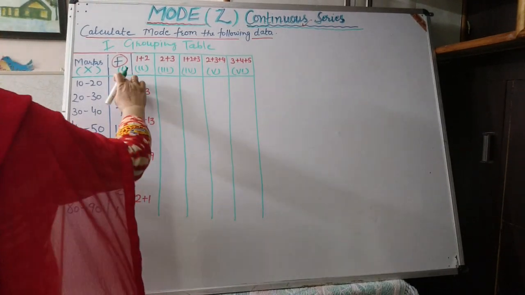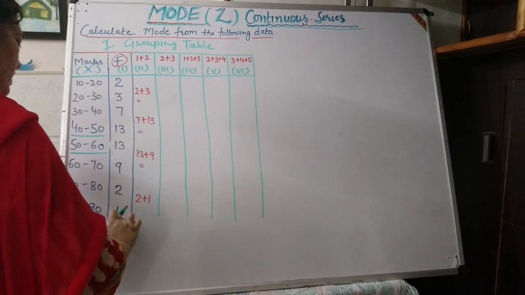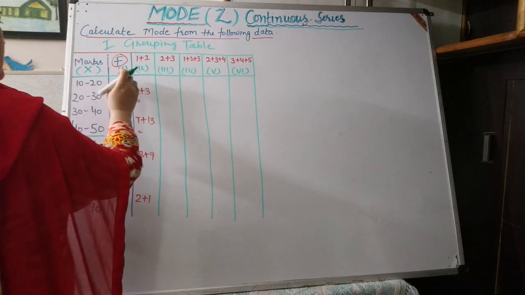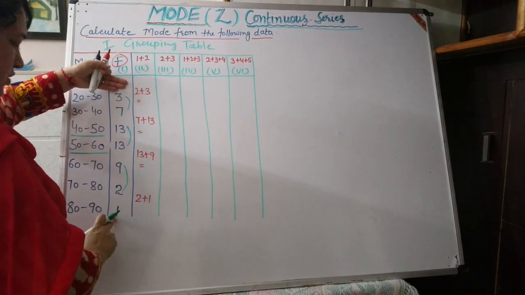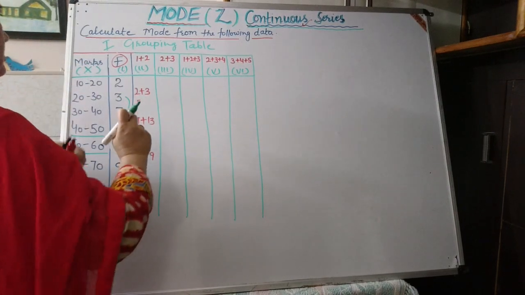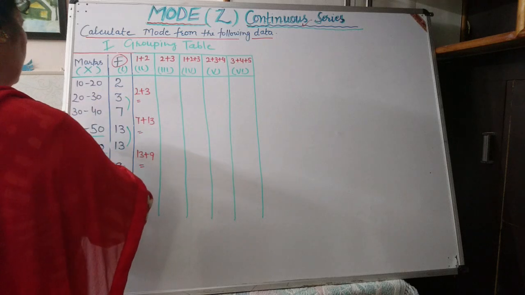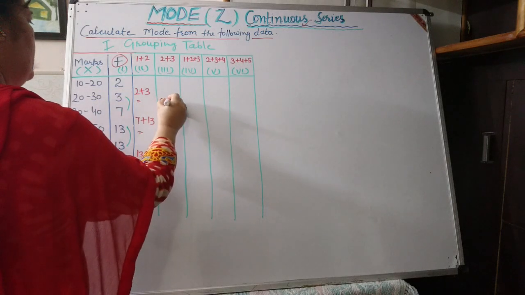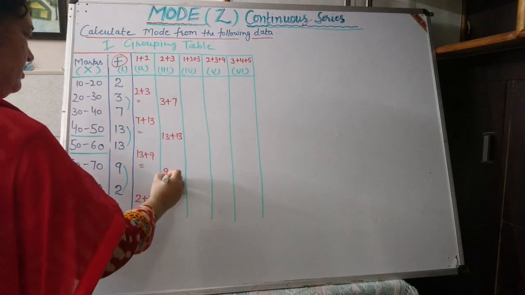Next, skip the first frequency and another 2 values will be grouped. We are skipping 2. Then the next group will be, and the last value is single, so it will not be grouped. First group 3 plus 7, next 13 plus 13, next 9 plus 2.